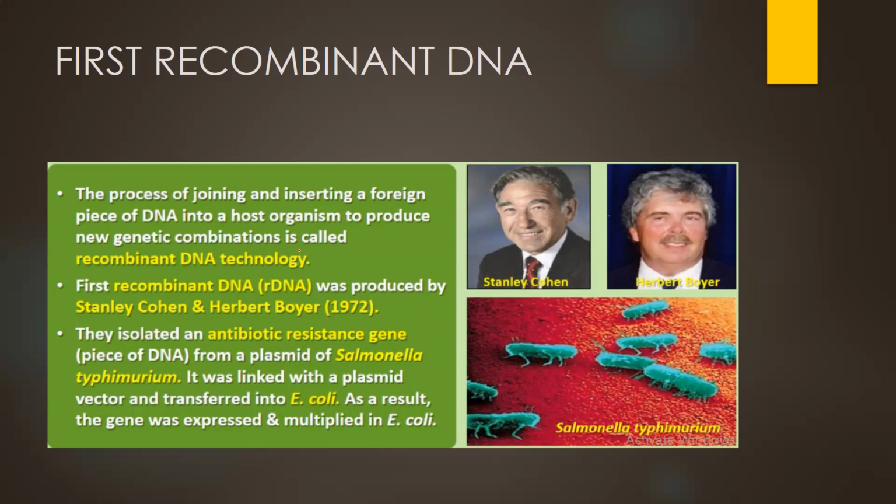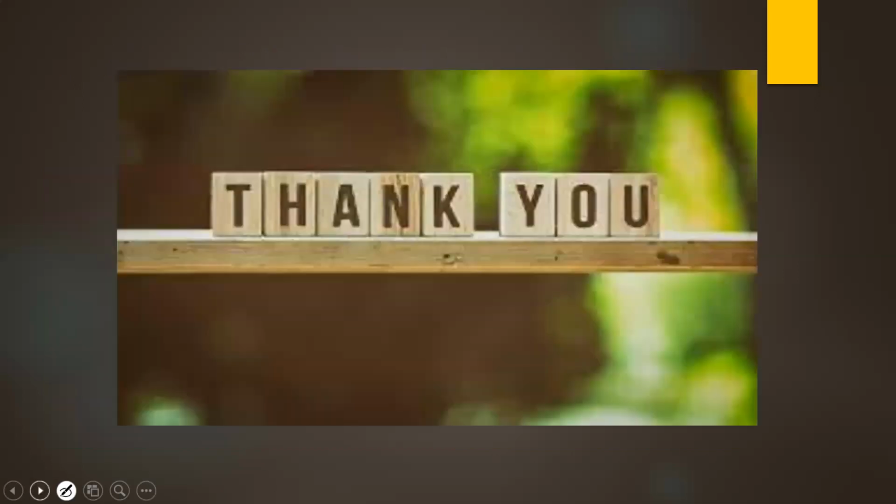When this DNA is transferred into E. coli, a bacterium very closely related to Salmonella, it could replicate using the host's DNA polymerase enzyme and make multiple copies of it. This is how the first recombinant DNA was produced. Thank you. And the further topics will be coming in the further videos.